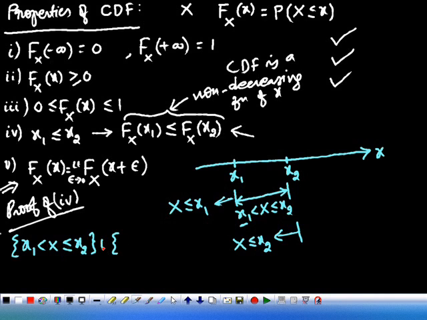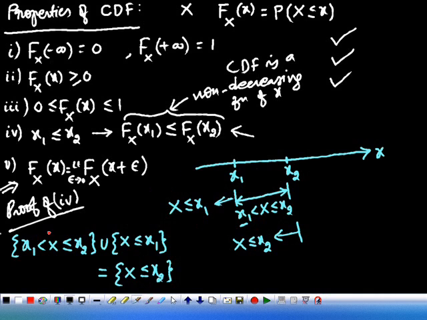If you take the union of this event with x less than or equal to x1, this will be equivalent to x less than or equal to x2. Is it right? See the diagram that I have drawn, from that it is very clear. The event x1 less than x less than or equal to x2, union x less than or equal to x1, is equivalent to x less than or equal to x2, which includes these two. Is it clear?